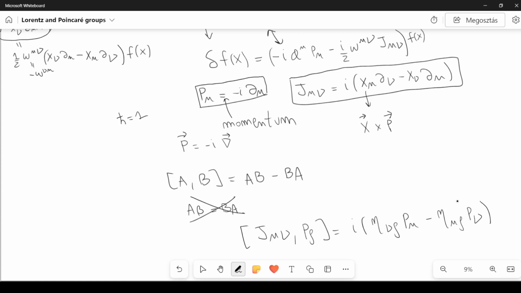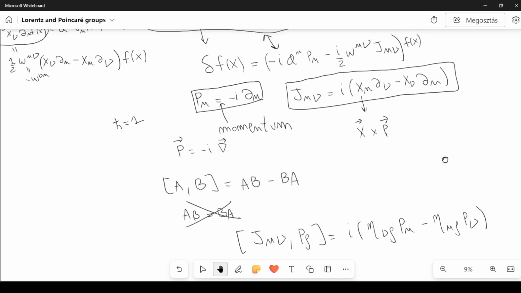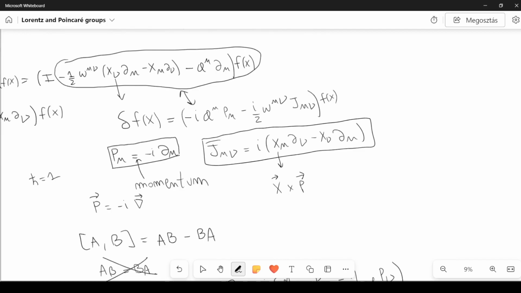P^ν). And by the way, let me add some more comment on J^{μν}. Due to the way it's defined, it is an antisymmetric object, because when μ is equal to ν, it is 0, and J^{μν} is equal to −J^{νμ}. So it is an antisymmetric quantity, and it makes sense to define it to be antisymmetric because ω_{μν} is also antisymmetric.